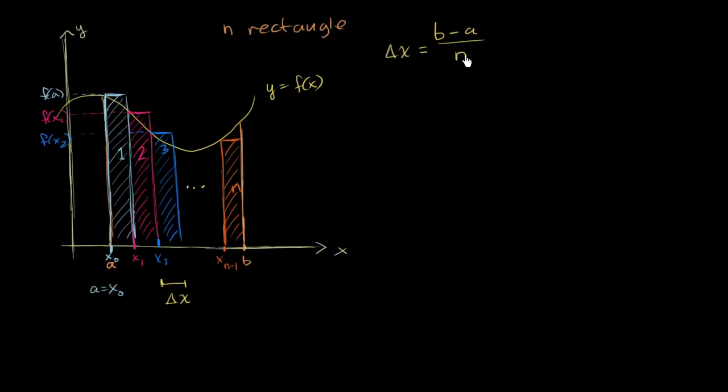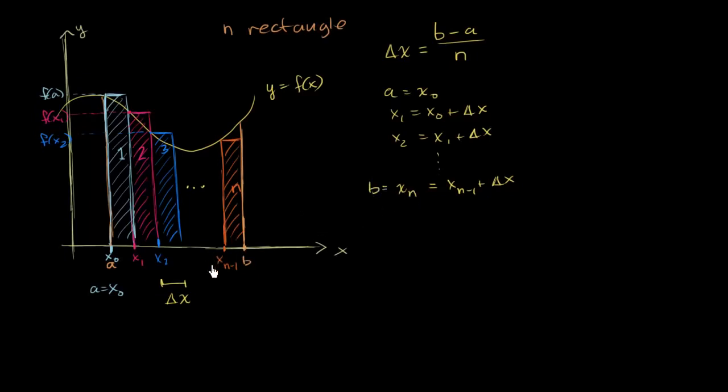So if we assume this is true, and then we assume that a is equal to x naught, and then x1 is equal to x naught plus delta x, x2 is equal to x1 plus delta x, and we go all the way to xn is equal to xn minus 1 plus delta x, then we've essentially set up this diagram right over here. b is going to be equal to xn.